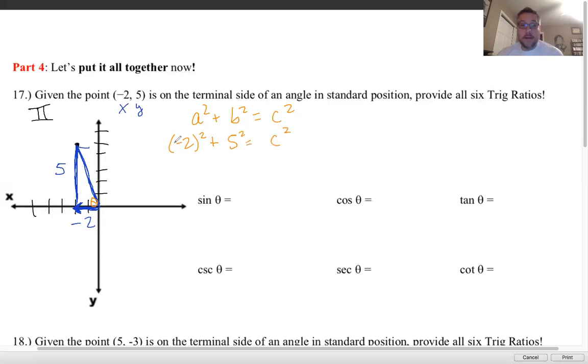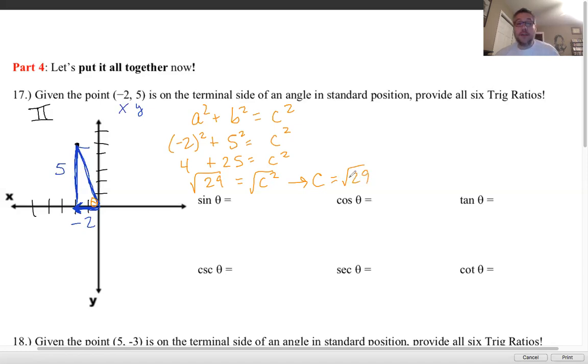Crunch it out. -2 squared, -2 times itself, +4, plus 5 squared, 5 times 5, 25, equals c squared. Simplify. 4 plus 25, 29, equals c squared. Take the square root of both sides. So c equals the square root of 29.